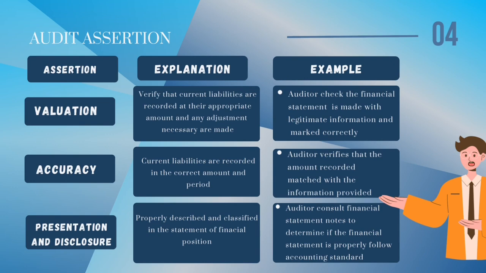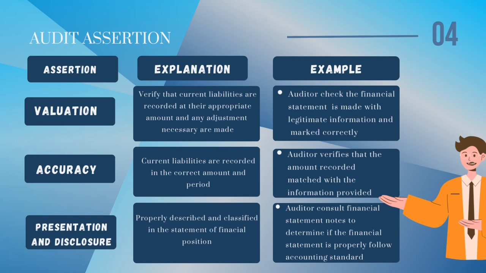Continuing from my team member, I will talk about audit assertions. The third audit assertion is valuation. Valuation is used to verify that the current liabilities are recorded at the appropriate amount and any necessary adjustments are made.